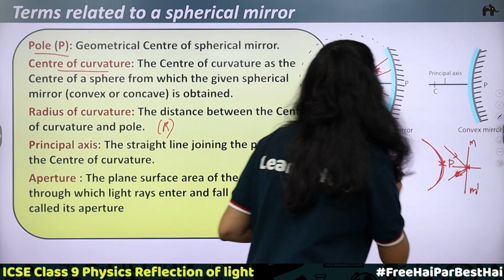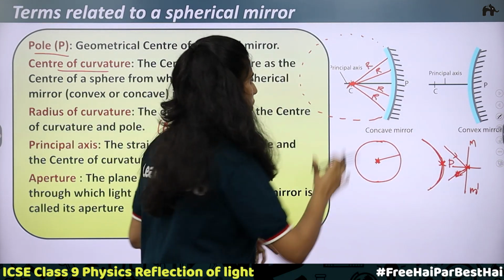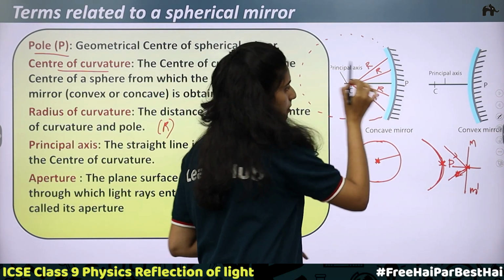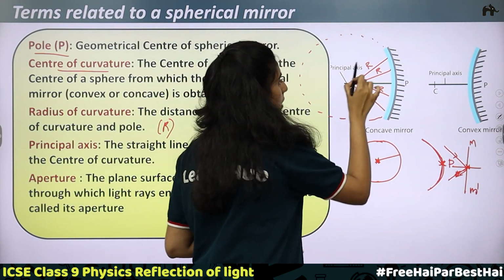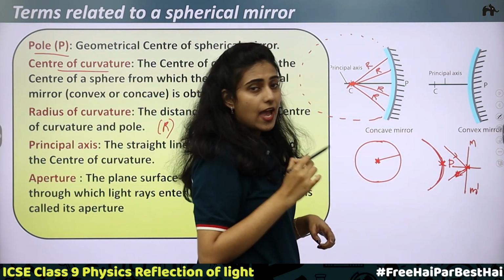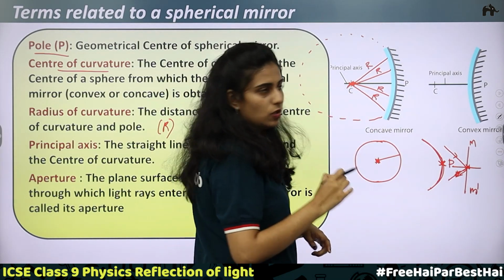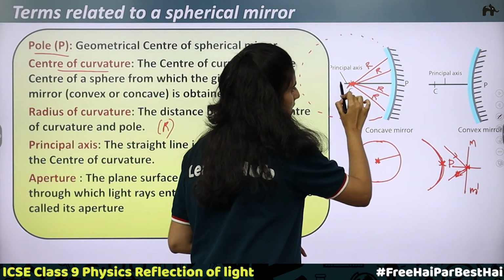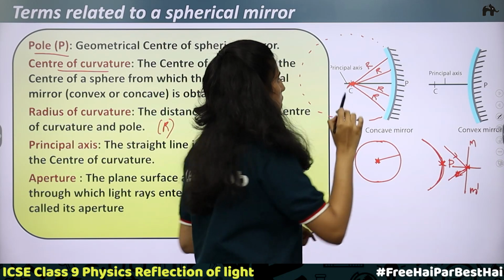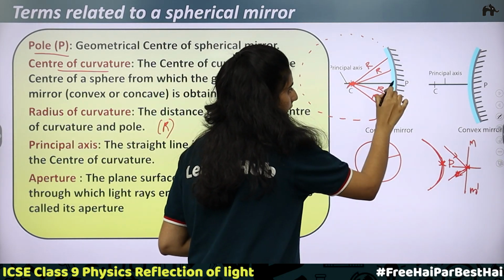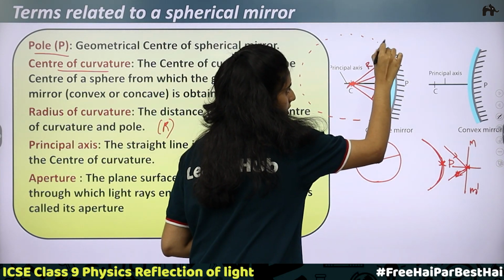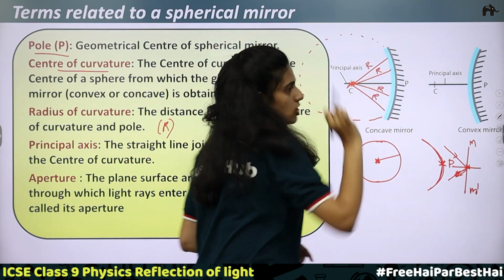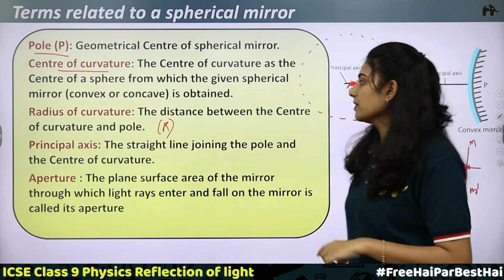Now when you take the normal for a spherical mirror, it passes through a point on the mirror and the center of curvature. So when you draw a normal, that normal will pass through the center of curvature and the point on the sphere.